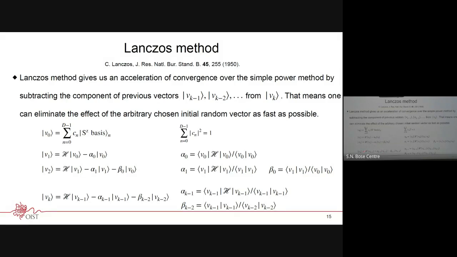In general, the k vector is written by this equation, and alpha k minus 1 and beta k minus 2 are written by this equation. So this Vk is also orthogonal to every previous vector. This is the detail of the Lanczos method.